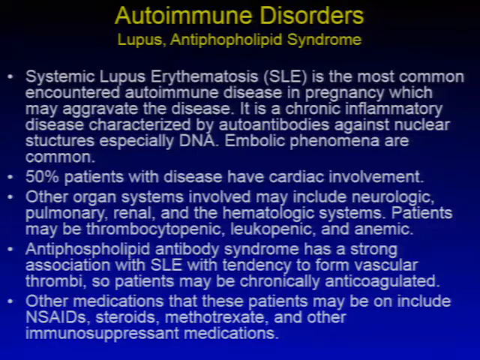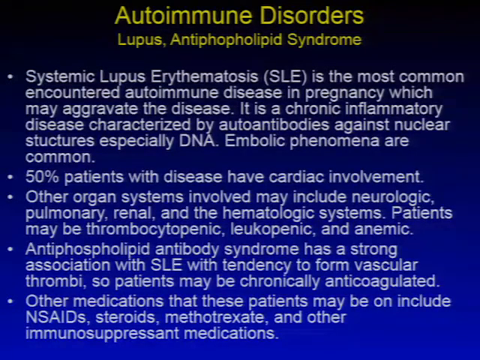SLE is the most commonly encountered autoimmune disease in pregnancy, and pregnancy itself may aggravate the disease. It's a chronic inflammatory disease characterized by autoantibodies against nuclear structures, especially DNA, and embolic phenomena are common in these patients.